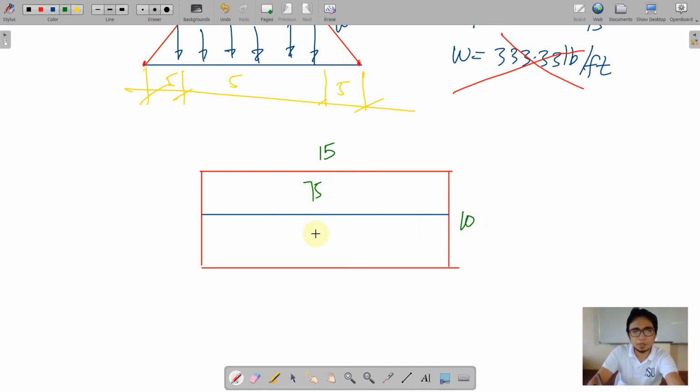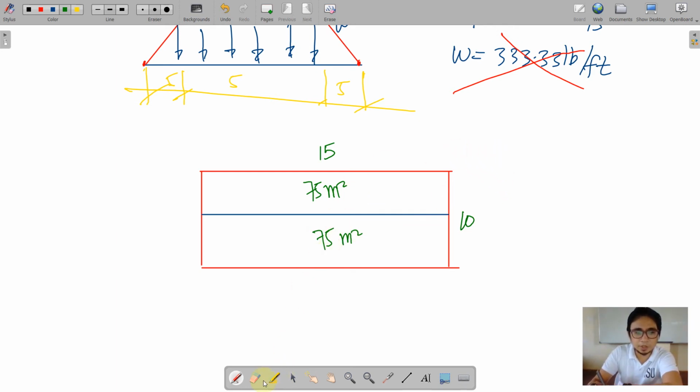So there will be a 75 and 75 here. Okay, so this is the area of coverage, right? So 15 by 10 all over 2, or you may have it 15 times 5, which is also 75 square meter.